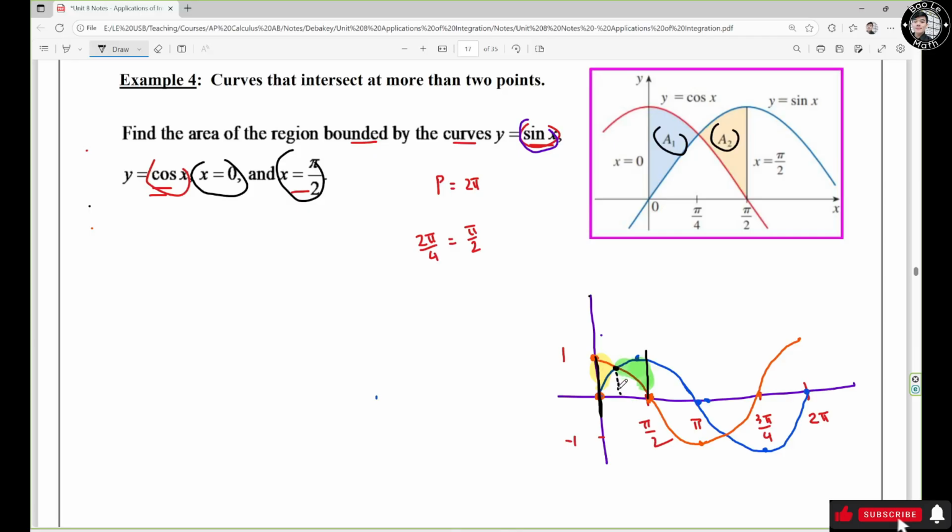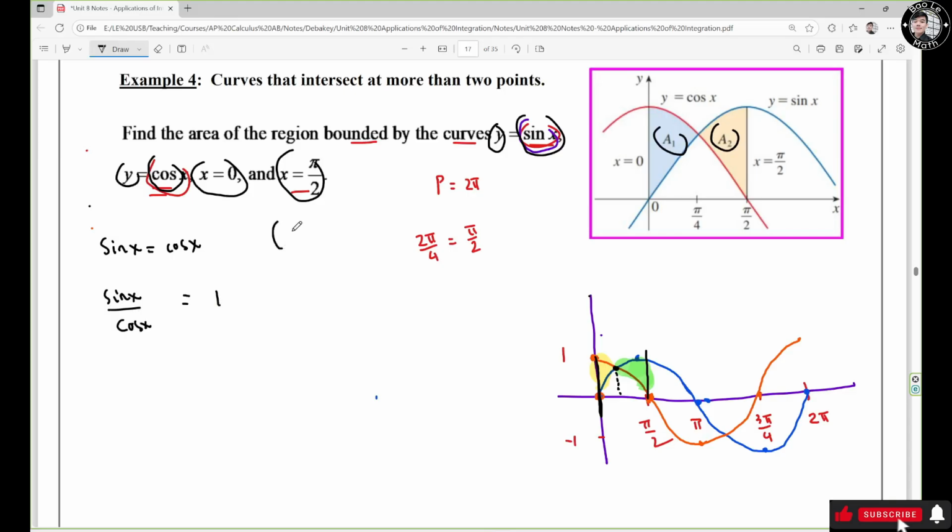In order to find the intersection, you need to let sine s equal cosine s, because they both equal y. So divide both sides by cosine, so it becomes sine s divided by cosine s equals 1.